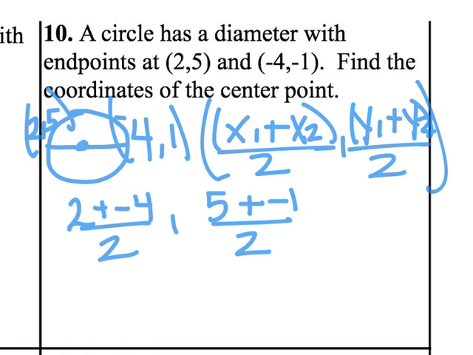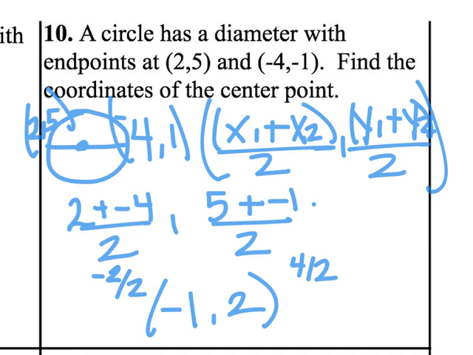And 2 plus -4 is -2. So -2 divided by 2 is going to give me -1 as my first coordinate. And then 5 plus -1 here gives me 4. And 4 divided by 2 is going to give me 2. So the midpoint is at (-1, 2).